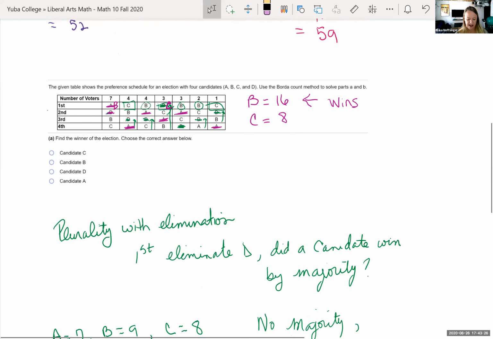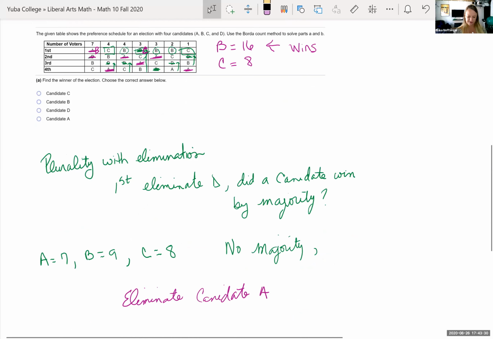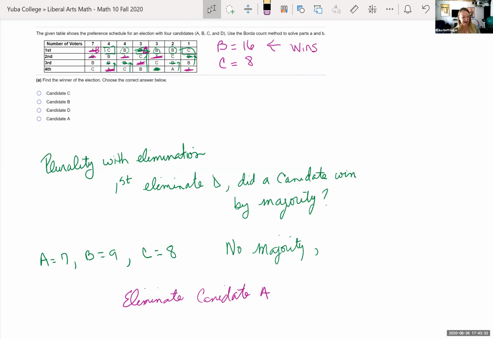What other method have we looked at? Anyone remember that we haven't looked at so far in this example? What other method have we looked at this semester with calculating votes? Okay, so someone stated it.